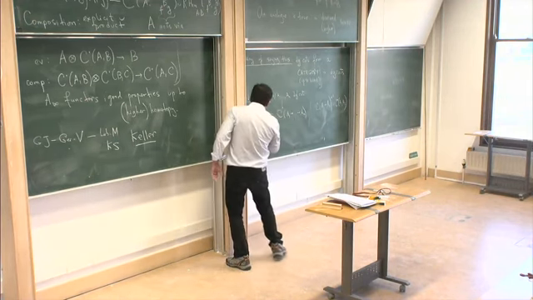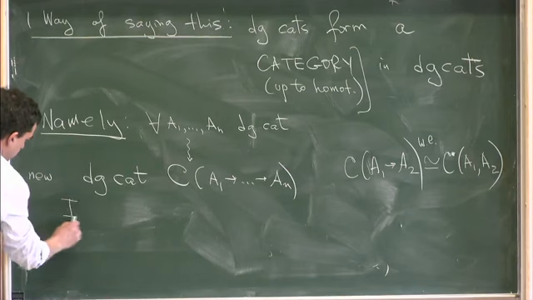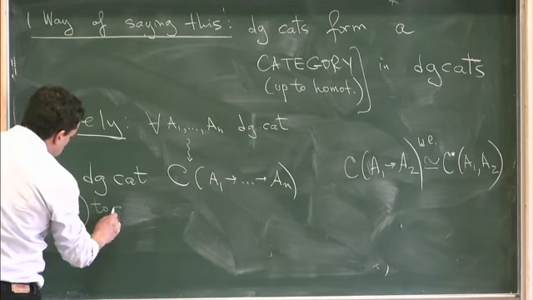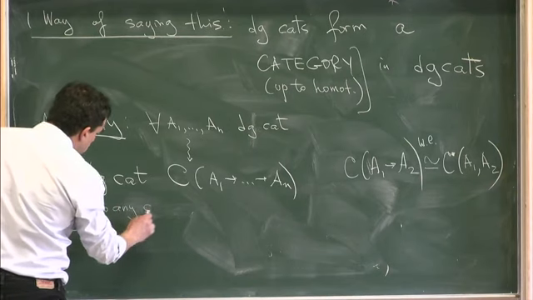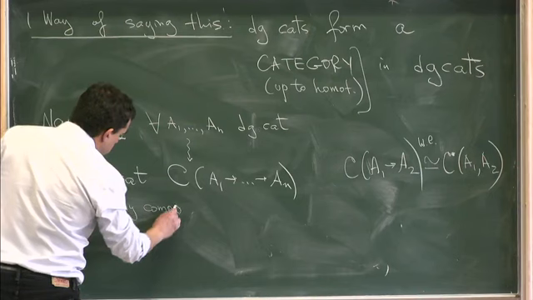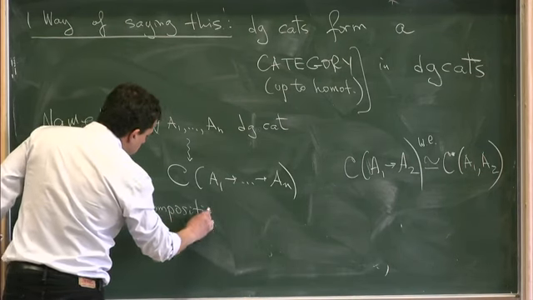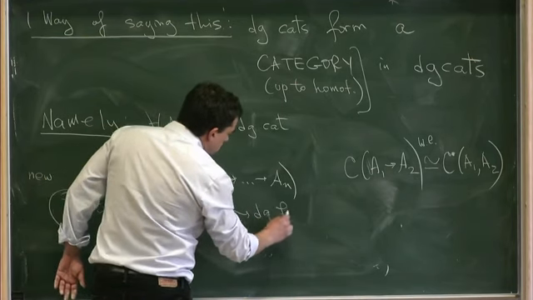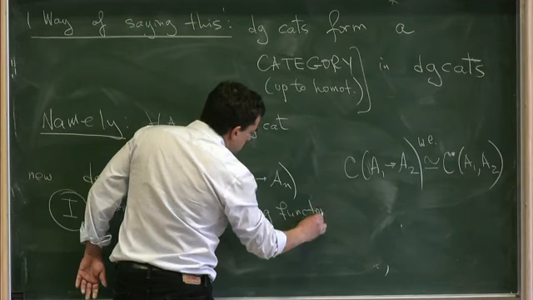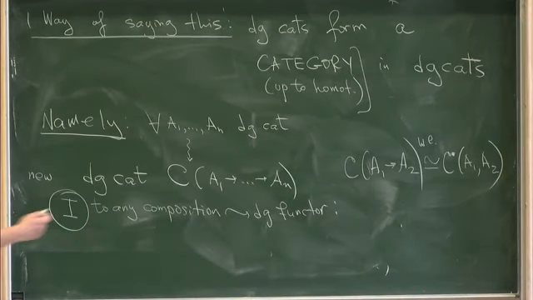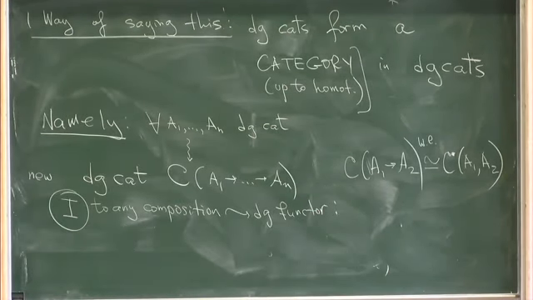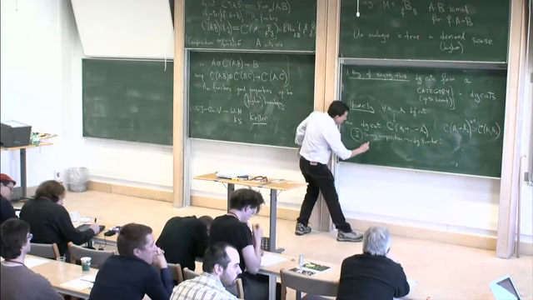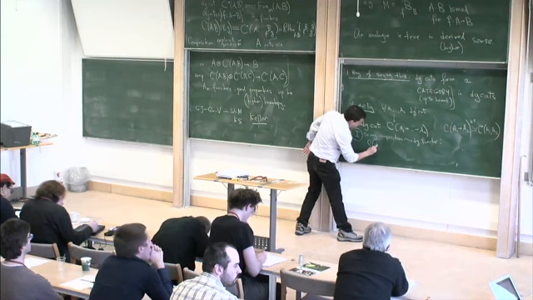So I am in some sense building upon this inner Hom and generalizing it. So there are two types of operations. To any possible type of composition, I associate a DG functor. Let me just give you an example.